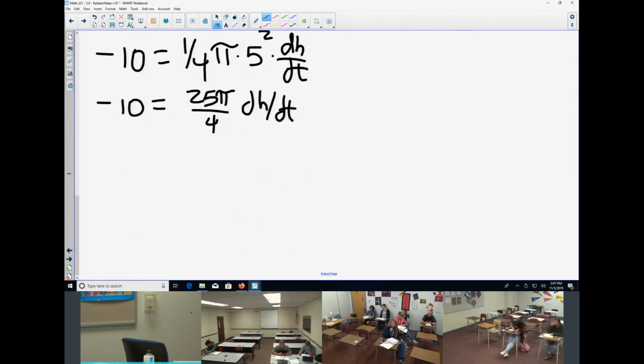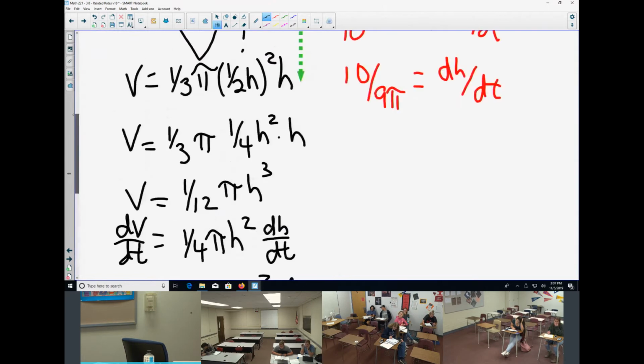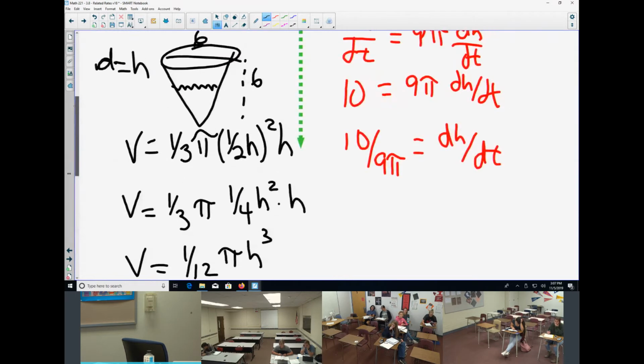And so then to solve for dh/dt, negative 40 over 25 pi, and 5 will go into each of those, so negative 8 over 5 pi. So that's the answer to part B, and that's the answer to part A, the red.